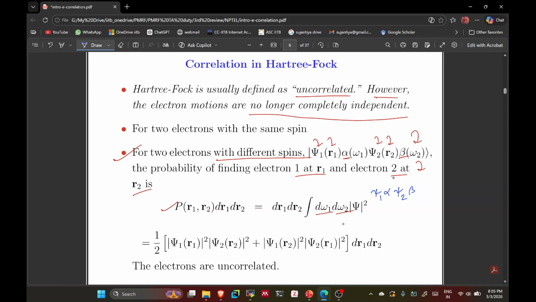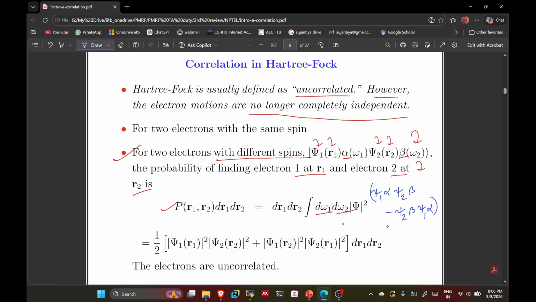I am not assigning the sign here, and you have minus psi 2 beta psi 1 alpha, right?